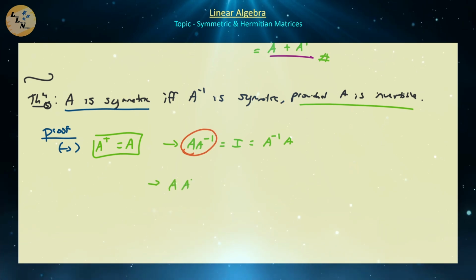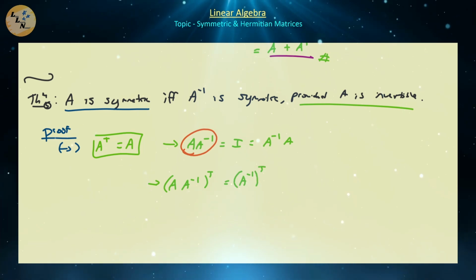So (A times A inverse) transpose, because I need to show that (A inverse) transpose is equal to A inverse. So I need to introduce the transposition over the inverse in some way. By properties of transposition over products of matrices, we know that this is going to be equal to (A inverse) transpose times A transpose, which is just going to be equal to the inverse of A transpose times A transpose.